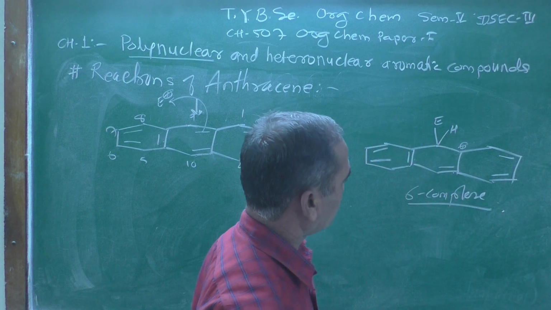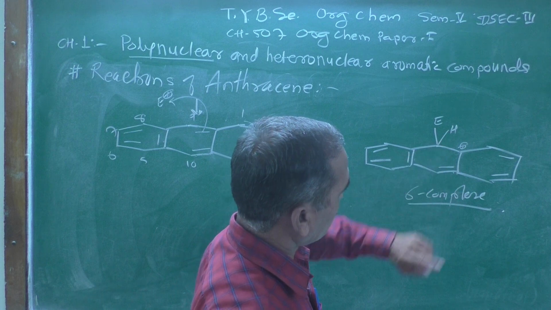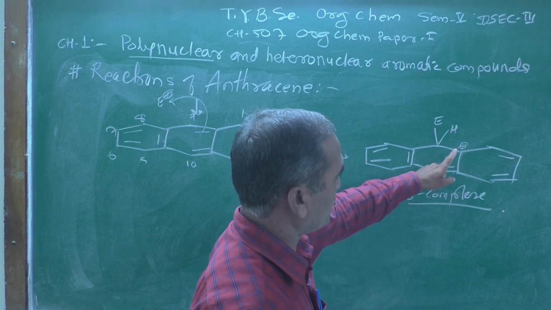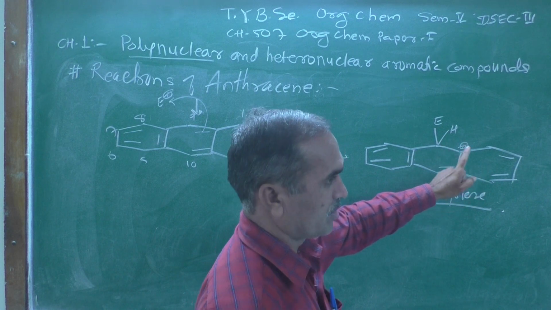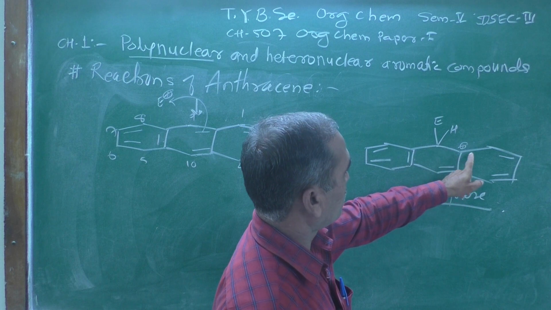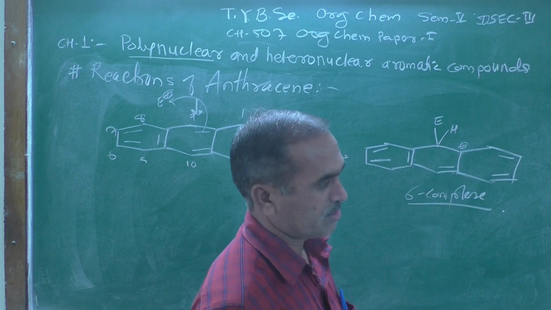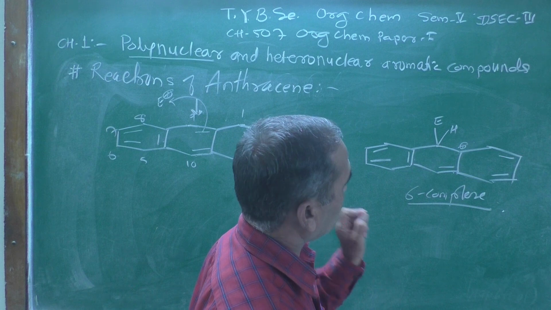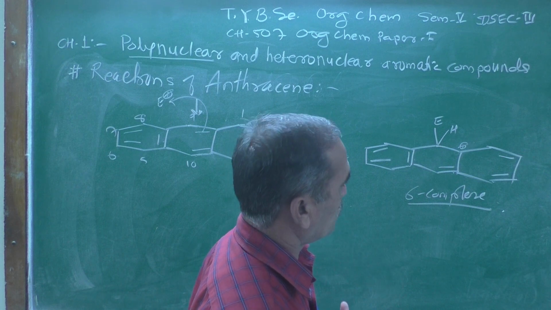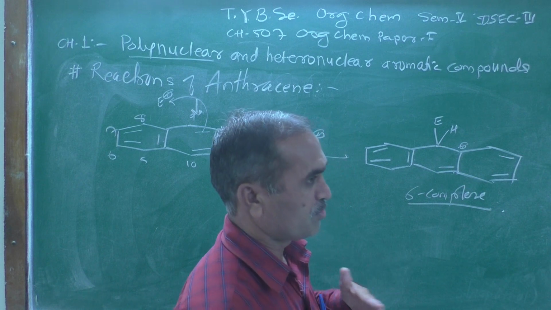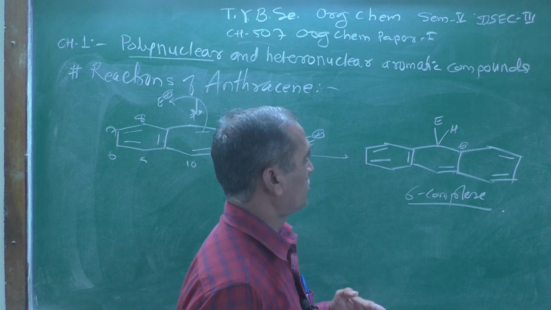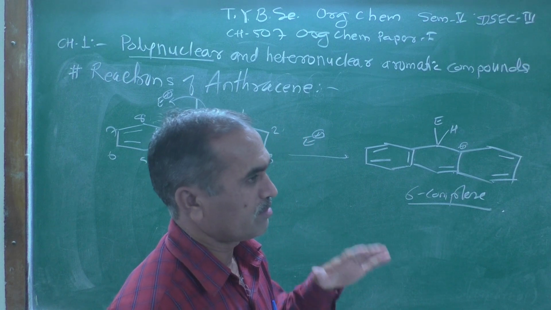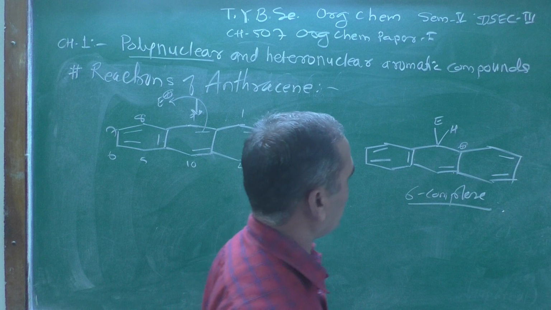With this sigma complex, the positive charge is present at that position. Look here at bonds 1, 2, 3. Tertiary carbocations are there, and this tertiary carbocation is more stable, as we know the stability order of carbocations: primary, secondary and tertiary.